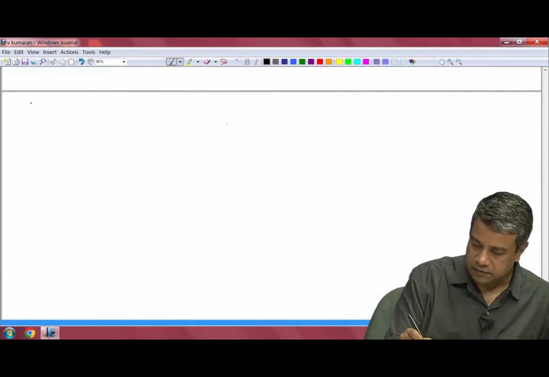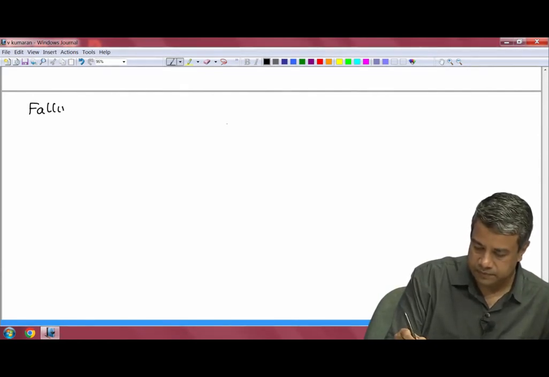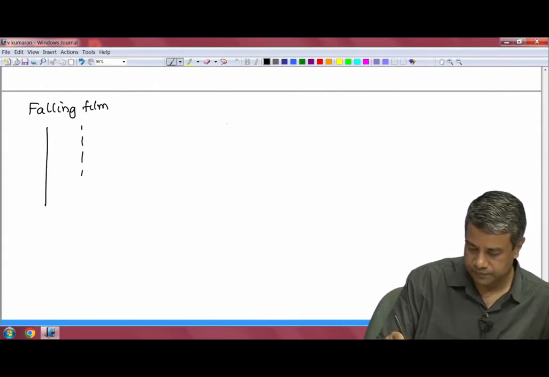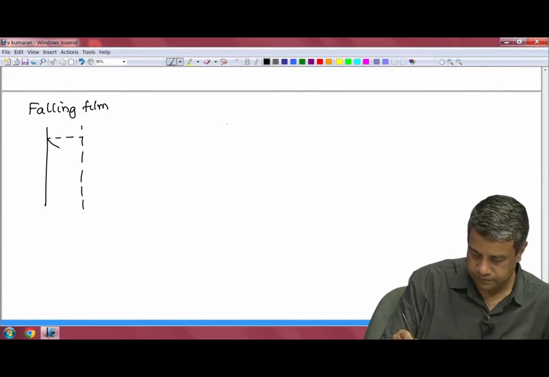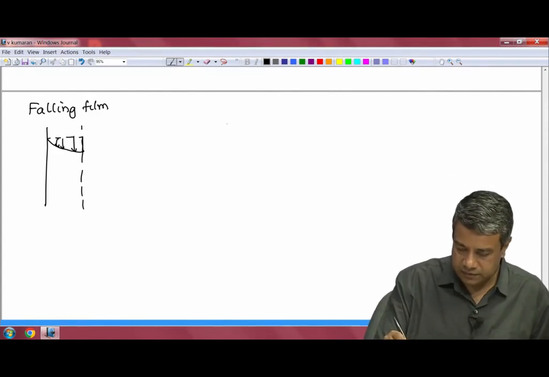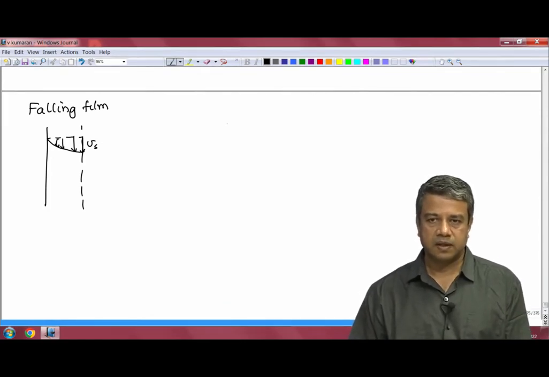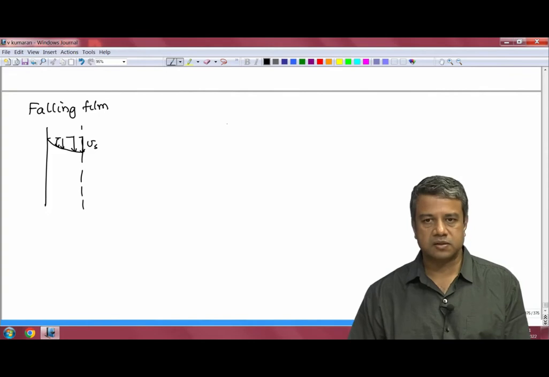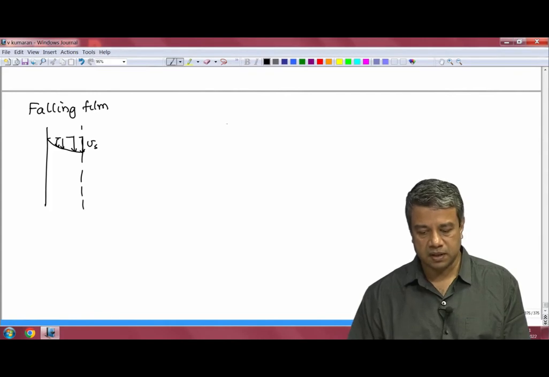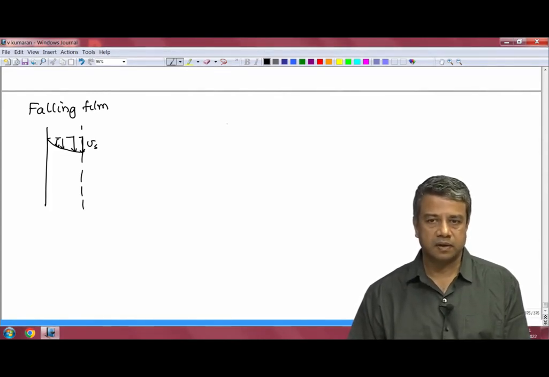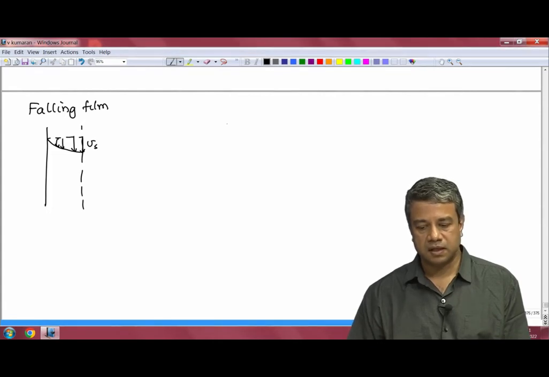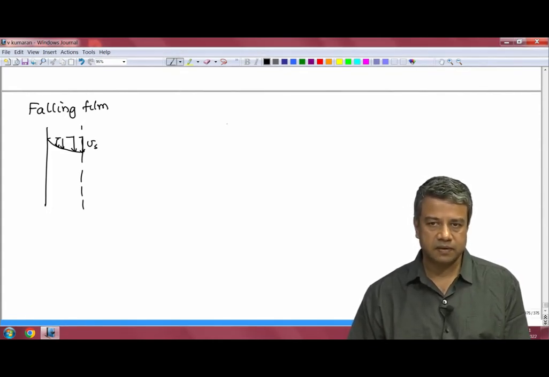If you recall, we had already seen this, the falling film, with a non-zero surface velocity Vs. We had solved this when we did the similarity solution for unsteady flows by making an analogy between the time for contact for an unsteady flow and the distance travelled for a steady but developing flow.